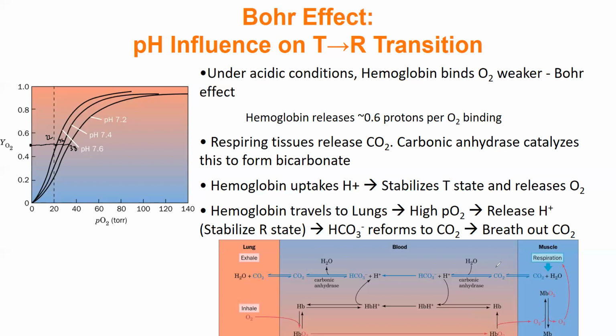So to fix that, we have an enzyme called carbonic anhydrase. Carbonic anhydrase will change CO2 to carbonic acid and make your blood more acidic.